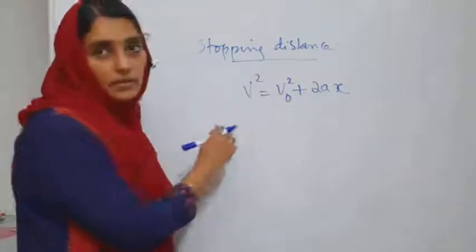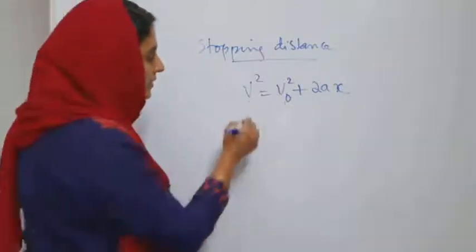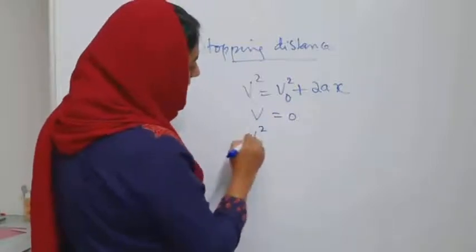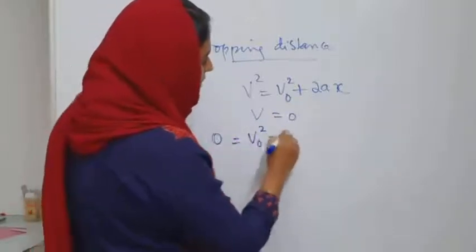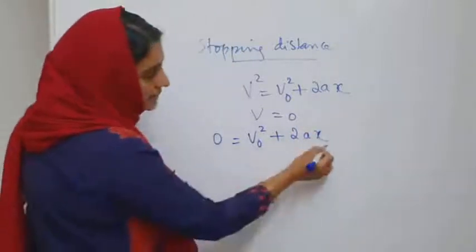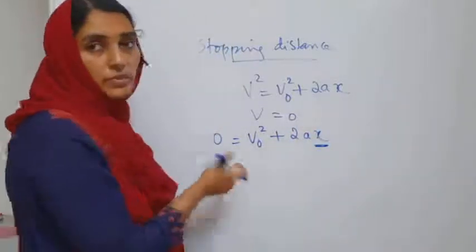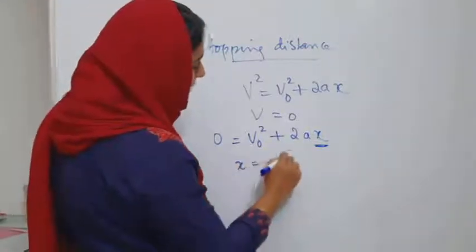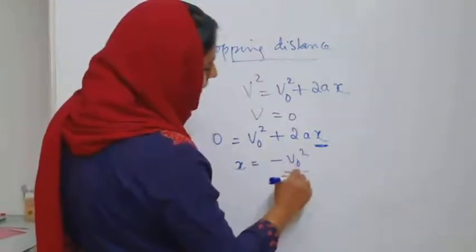And what about the final velocity? It comes to a stop, so the final velocity can be considered as 0. So we have 0 is equal to v0 square plus 2a into x. Now x is the distance through which the body moves before it comes to a halt, isn't it? So we have x is equal to minus v0 square divided by 2a.